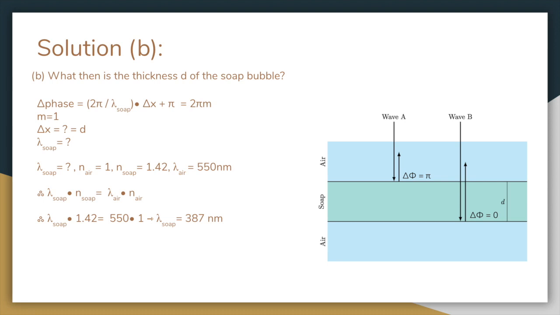We plug this into our equation, and we get that the wavelength in the soap is 387 nanometers. Now we have everything we need to solve this problem, and we get that 2 pi divided by 387 nanometers times the distance plus pi is equal to 2 pi, since we set m equal to 1, and we get a distance of 194 nanometers.